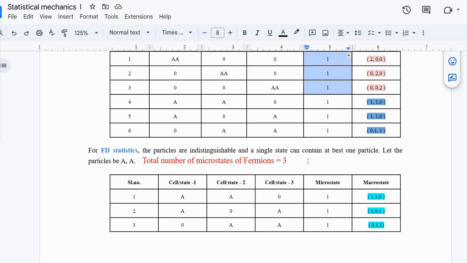So in one state there will be only 1 particle. Two or more than 1 particle is not accepted in these cases. So how many possibilities are there? Obviously, we can take A A 0, A 0 A and 0 A A. So only these possibilities are there. The two particles cannot be in the same state. So there are 3 microstates, and obviously the macrostate combination is given as 1, 1, 0.